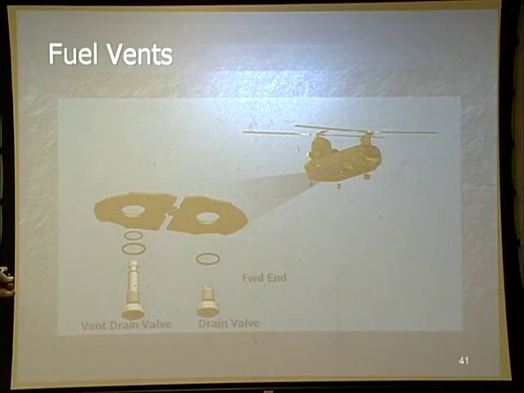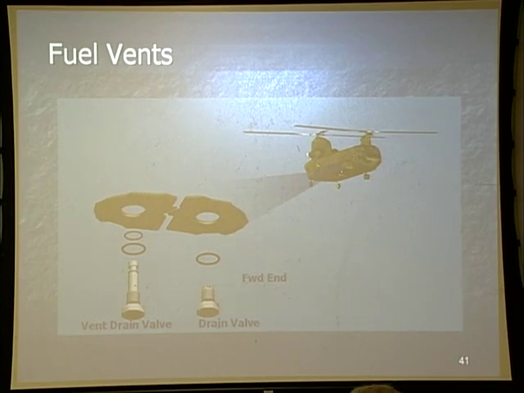The other drain would be if we were going to empty the tanks, drain all the fuel out, but then you'd have to have 5-gallon cans underneath the tank. Normally when we defuel it, it defuels sufficiently that we don't really mess with these very often. Any questions about these?